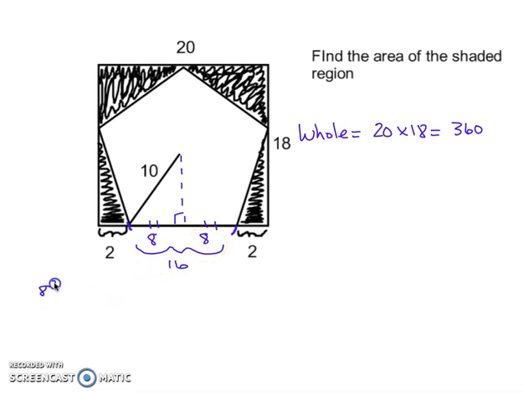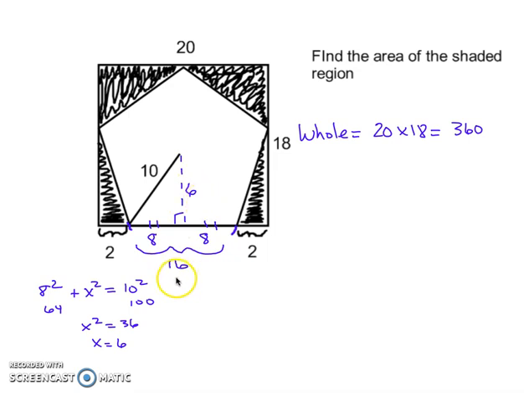So we have 8 squared plus x squared equals 10 squared. So when we solve for that, we're going to get 64 and 100, and we'll end up finding that x squared equals 36. So x equals 6, so we can put 6 up here. My apothem being x, that means right here our apothem is 6.